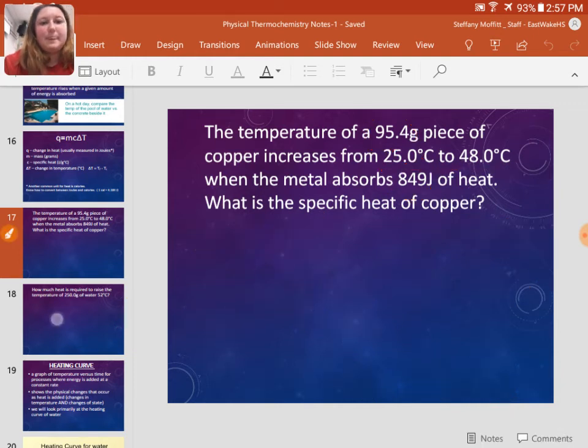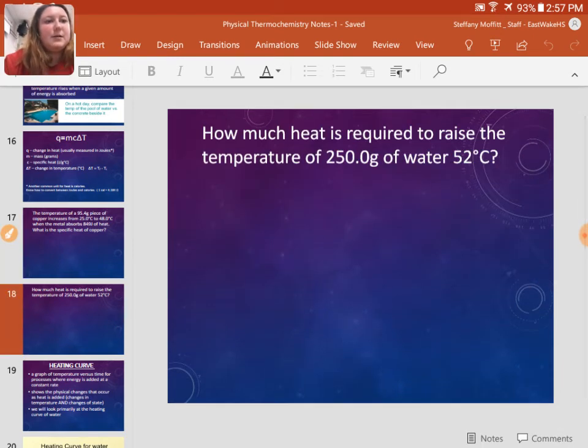Alright. How much heat is required to raise the temperature of 250 grams of water to 52 degrees Celsius? So for that one, I see the same equation.